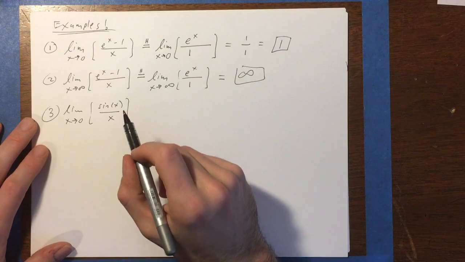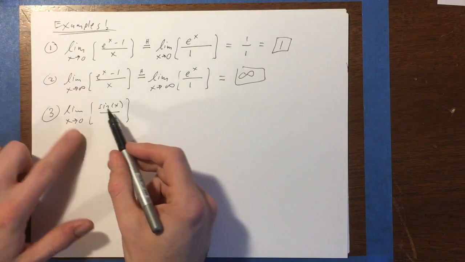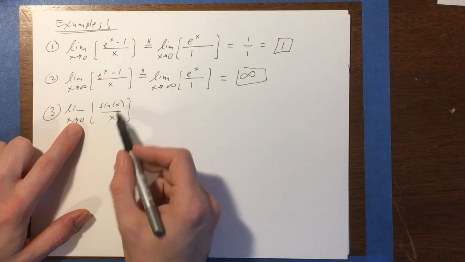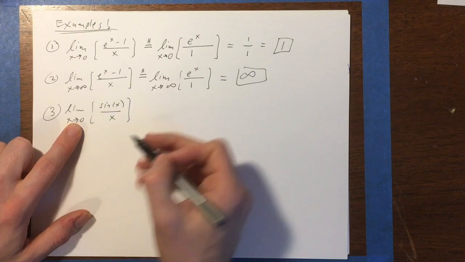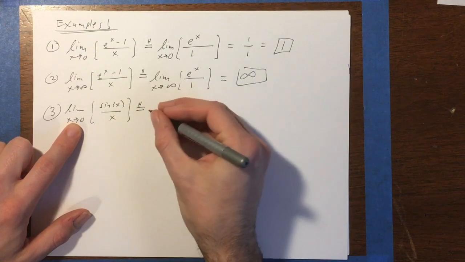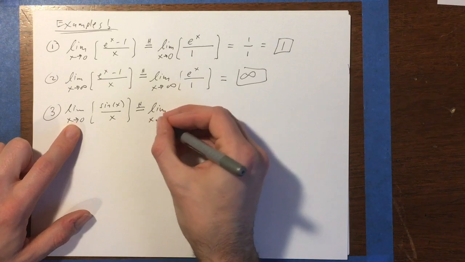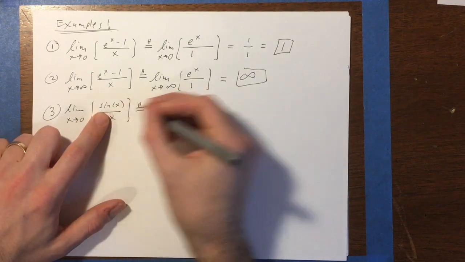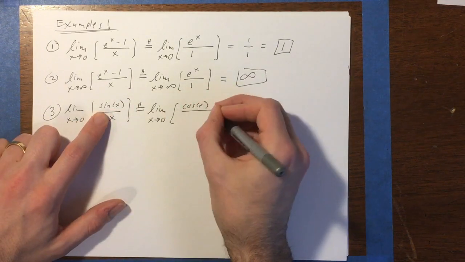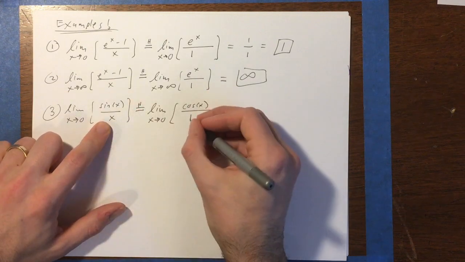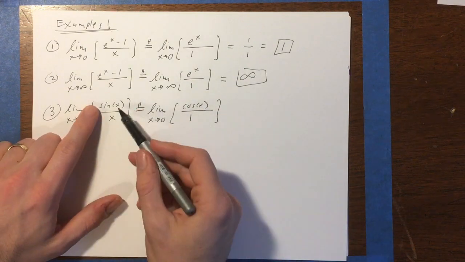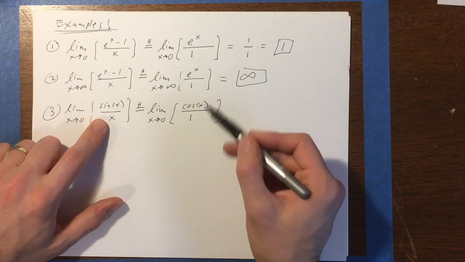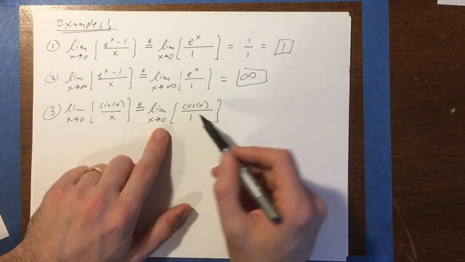Because if we have L'Hopital's rule, and we see that this is in an indeterminate form, sine of 0 is equal to 0, right? And x would be 0. So this is approaching 0 over 0. We can apply L'Hopital's rule and do derivatives. The derivative of sine of x would be cosine of x, and the derivative of x will be 1. So there's the ratio f over g, and here's the ratio f prime over g prime. But now what's this limit?